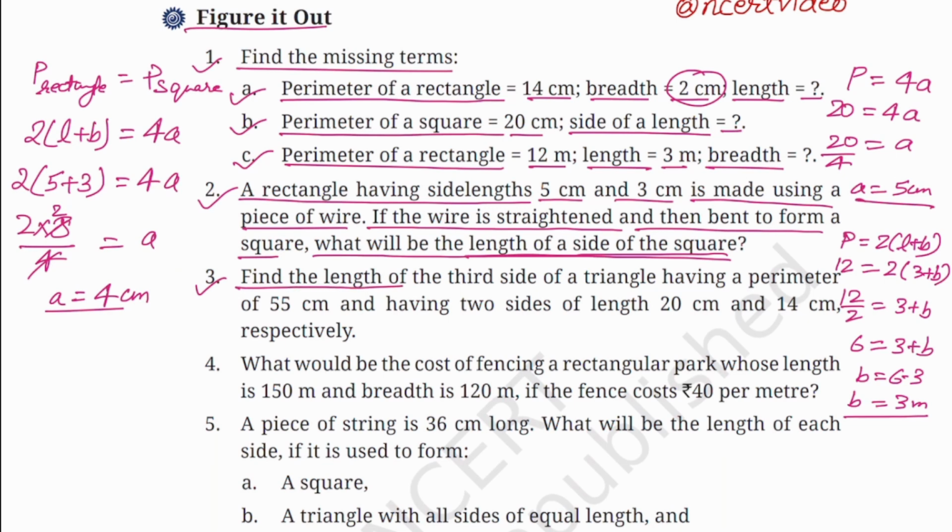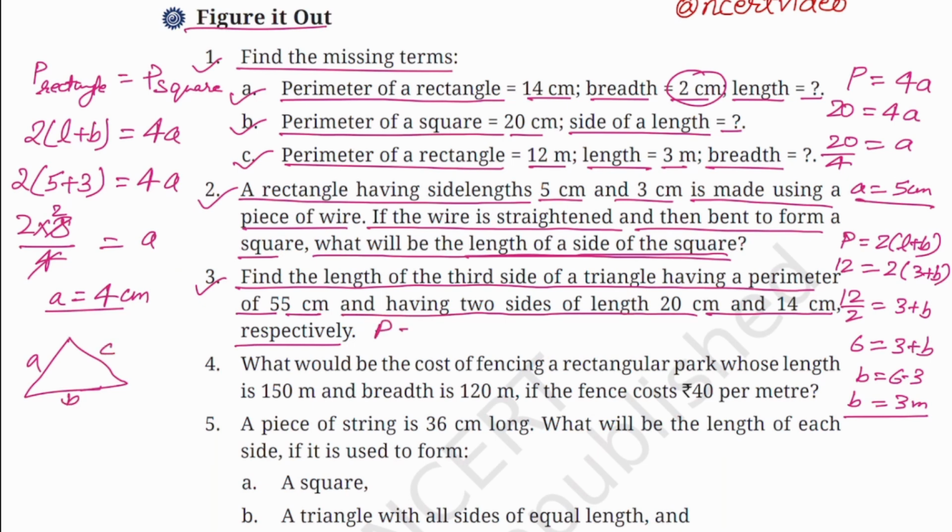3. Find the length of the third side of a triangle having a perimeter of 55 centimeter and having two sides of length 20 centimeter and 14 centimeter respectively. You know that perimeter of a triangle is equal to sum of all sides, that is P is equal to A plus B plus C. It is given that one side is 20, other is 14.